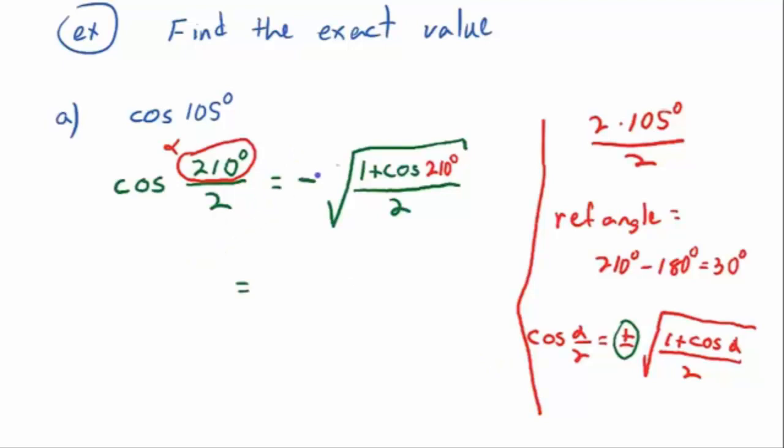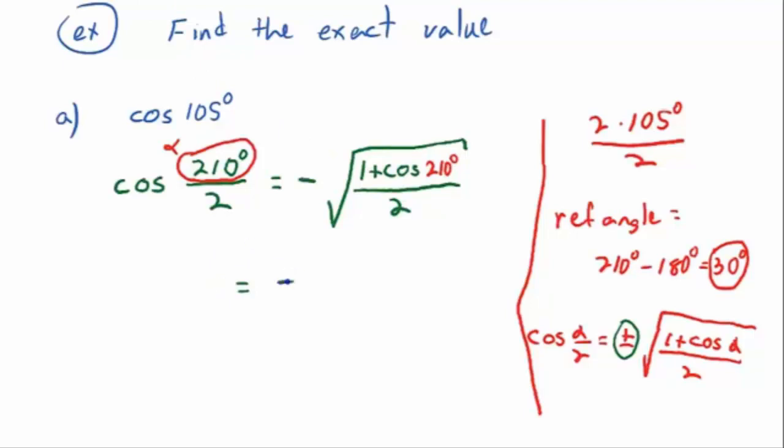First of all, let's take the cosine of 210 degrees. We know that 210 is in the third quadrant, cosine's negative there, so we're going to end up with negative cosine of the reference angle, which is 30. Cosine of 30 degrees is root 3 over 2, so cosine 210 is negative root 3 over 2.